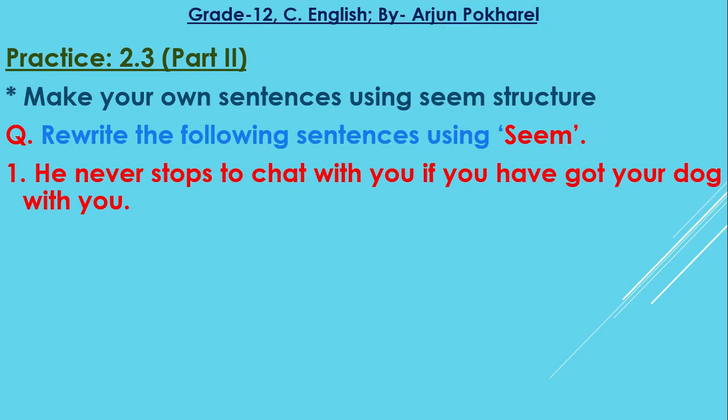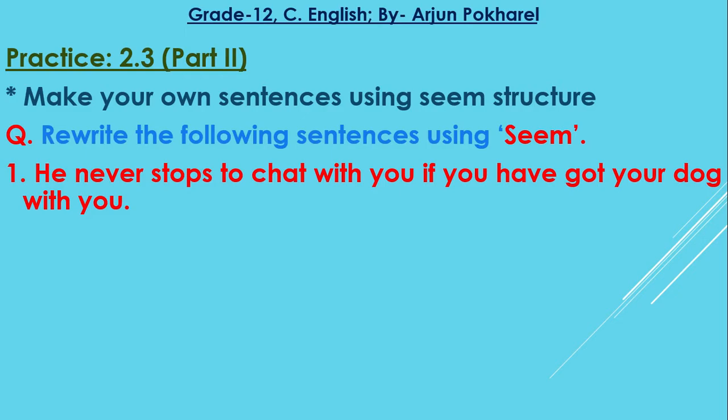Here the question is: he never stops to chat with you if you have got your dog with you. At other times he stops to chat with you. If you don't have your dog with you, he stops to chat with you. But when you are with your dog, he never stops to chat with you. He goes away from you.